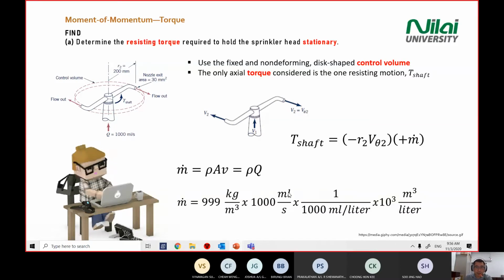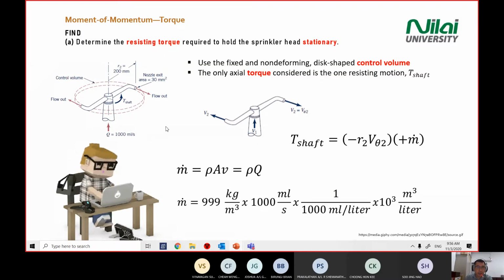So change ml to meter cube means we change the ml into liter because we know that 1 liter equal to 1000 meter cube. Means you change ml to liter, divide by 1000, and it will become liter per second.